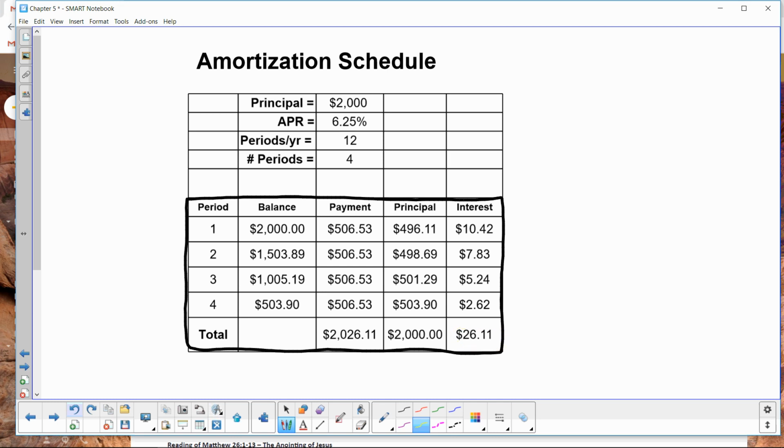Number four, if I take how much interest I paid plus the $2,000, that equals the total amount of all my payments. Right? So this is called an amortization schedule. And I just set this up in a spreadsheet where if I change the interest rate, all that will change.